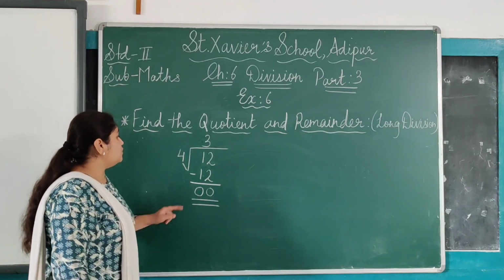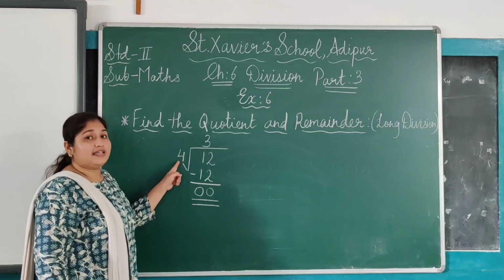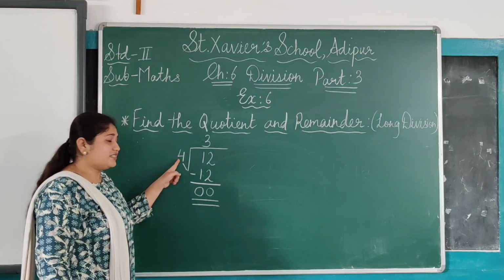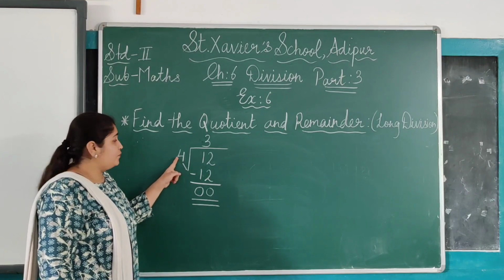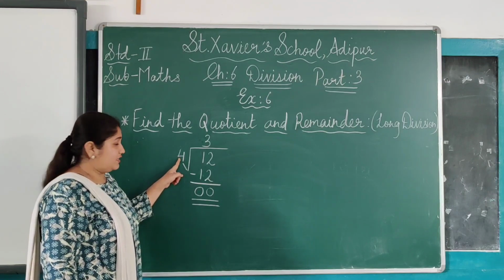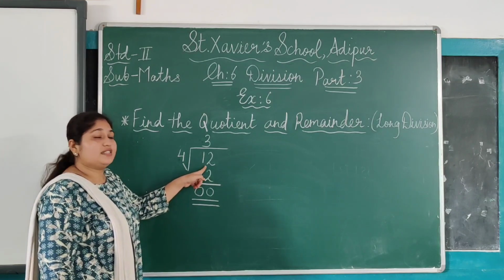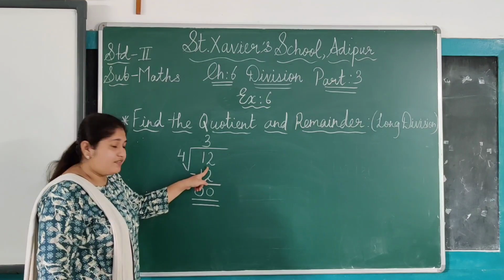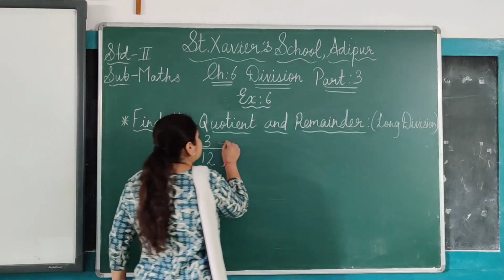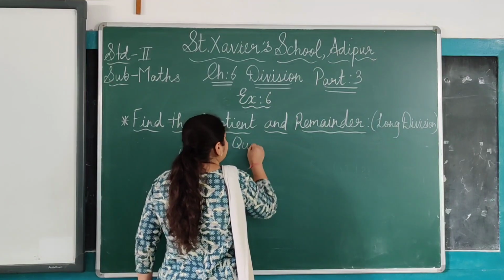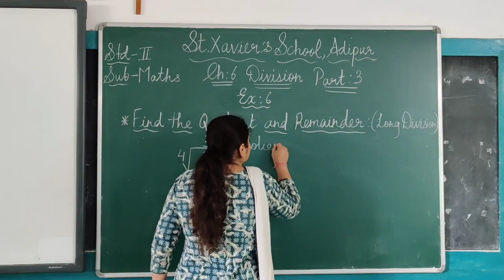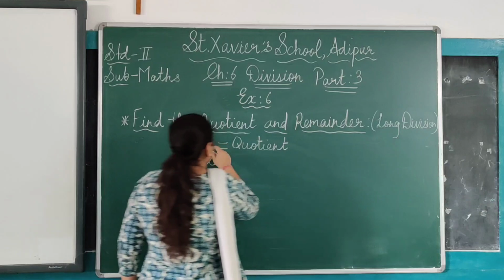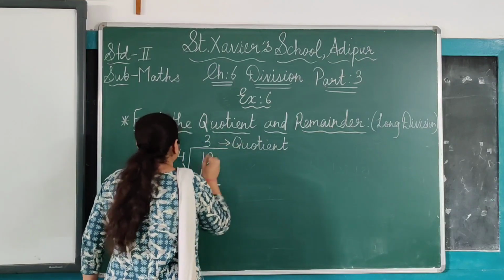Okay, so what is this? This is the divisor जो डिवाइड कर रहा है ना? 4 से डिवाइड करते हैं. Then this 12 is the dividend. क्या डिवाइड हो रहा है? 12 डिवाइड हो रहा है. So this is the dividend. See, this is the quotient.